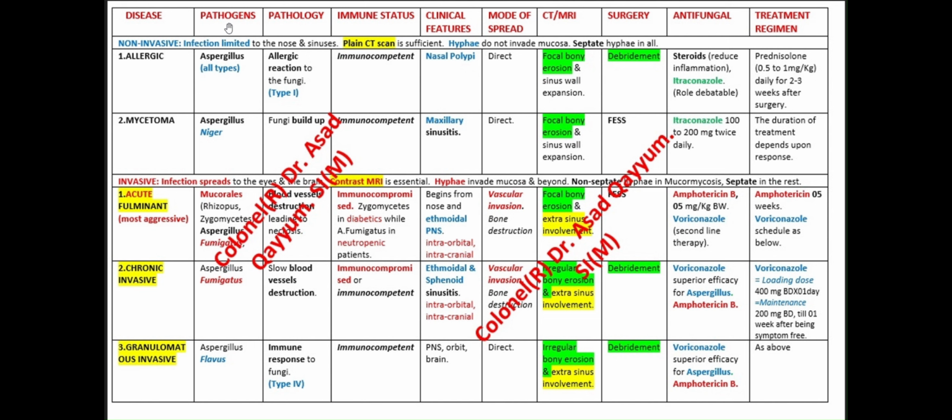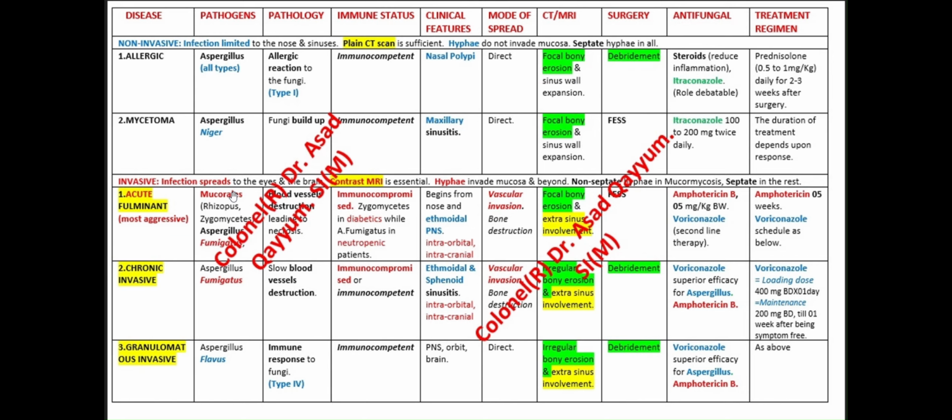Pathogens in the first subtype: all types of Aspergillus are involved in this etiology. In case of mycetoma, it is the niger variety, the black variety of Aspergillus.